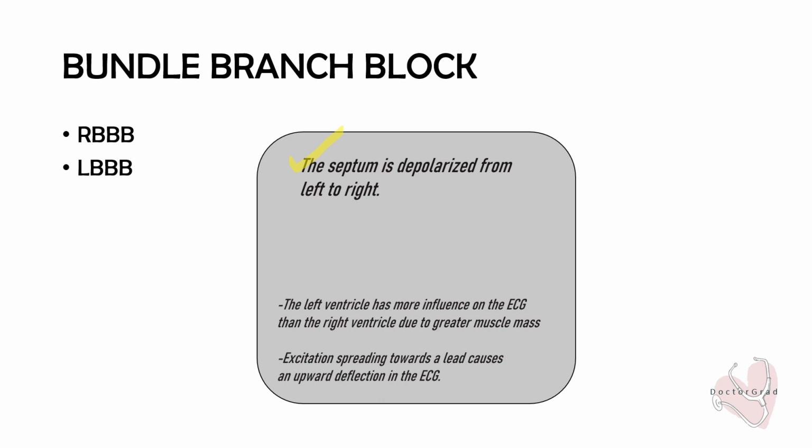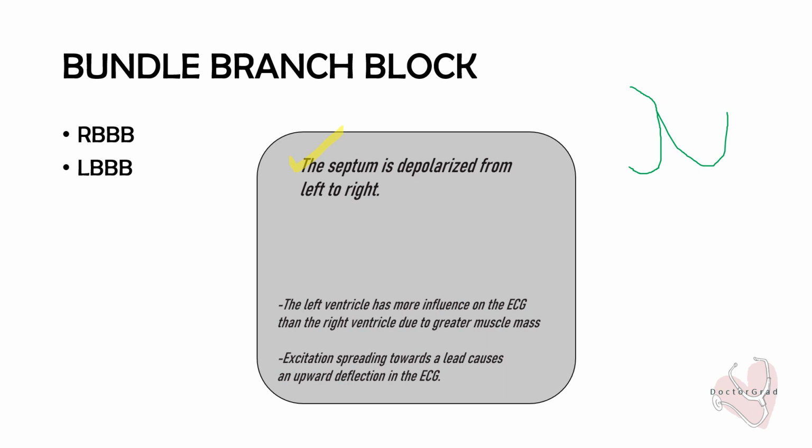Okay, so we have ventricles, right? Now the electrical activity has reached the bundle of His. From there it is going to the right and the left, so that it depolarizes the ventricle.